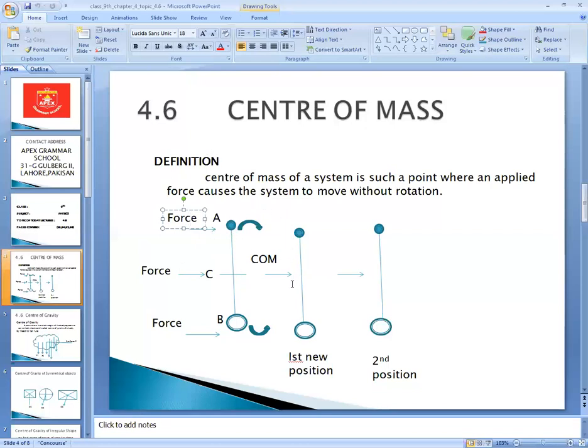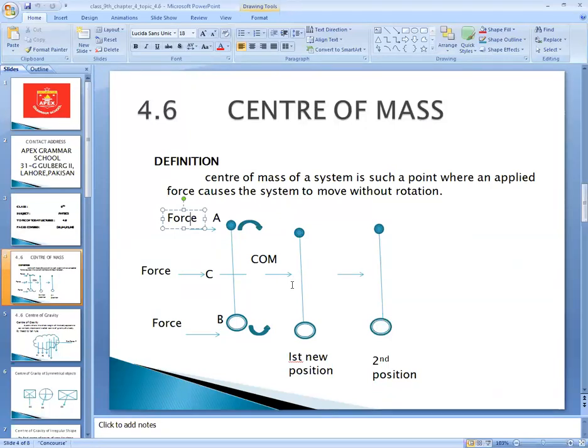You can imagine if you have a duster in your hand, what will happen? Suppose the corner points are A and B. You can do this experiment at home, no worries.